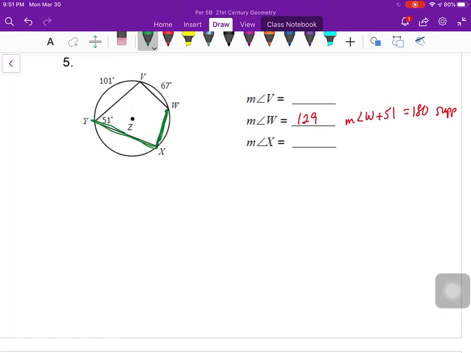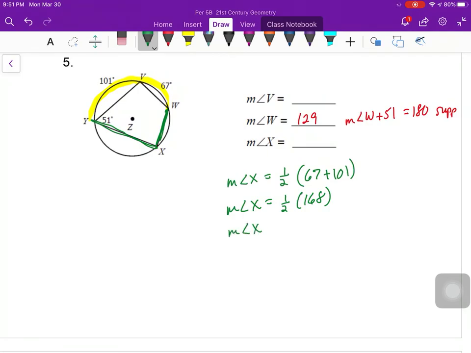As far as angle X goes, angle X is an inscribed angle. So the measure of angle X is going to equal half the intercepted arc, which is this one out here, 67 plus 101.